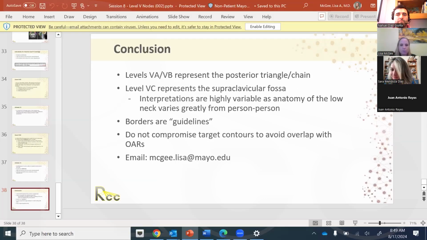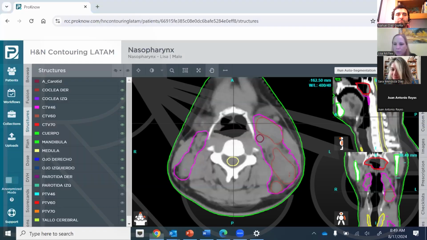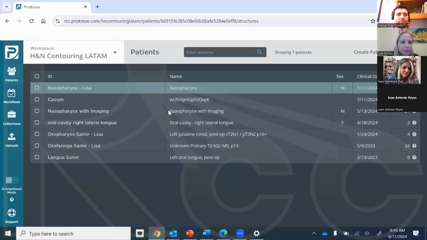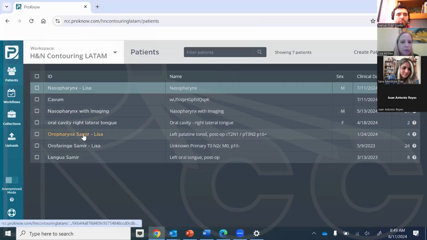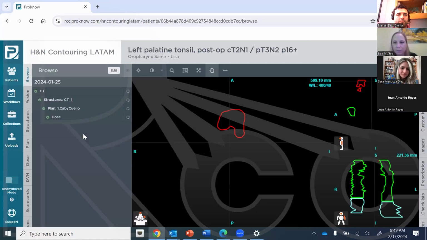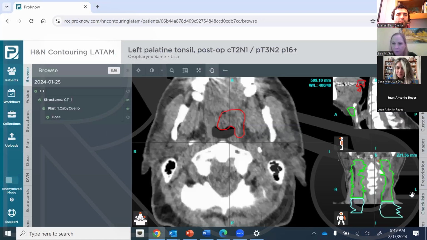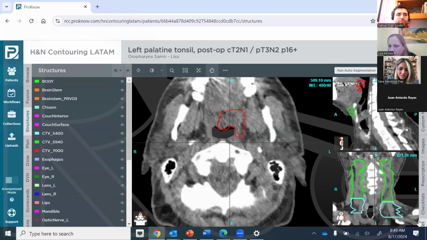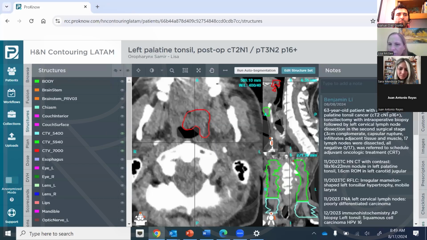So I'm going to pull up some of these cases in Prono. I think I would rather start with one of the oropharyngeal cancer cases. In this patient, I think the description of the case was a little bit contradictory, but when I was reading through this case, it sounds like we had a 63-year-old patient that had a palatine tonsil cancer.